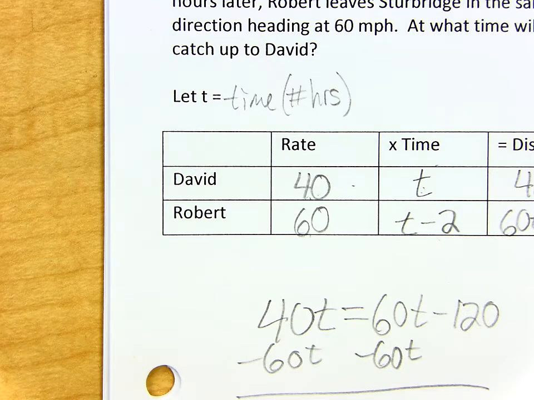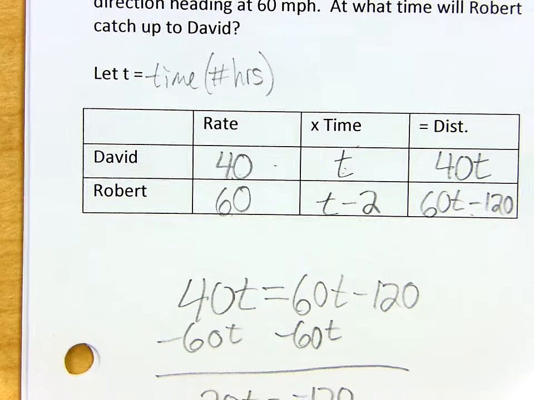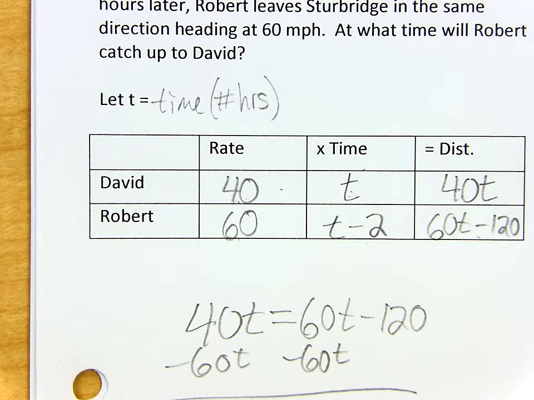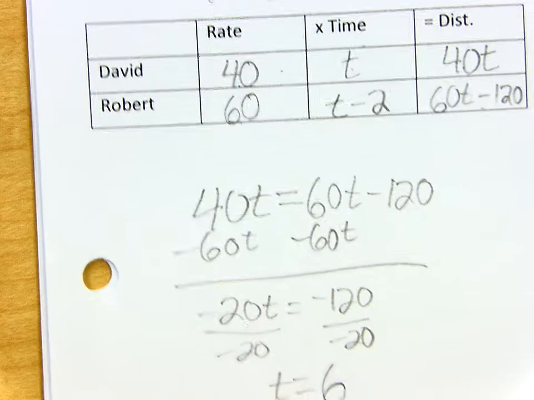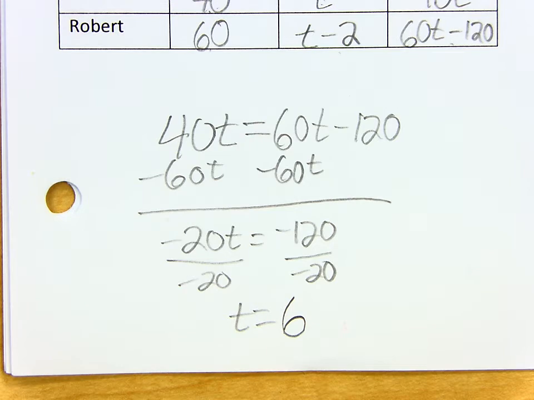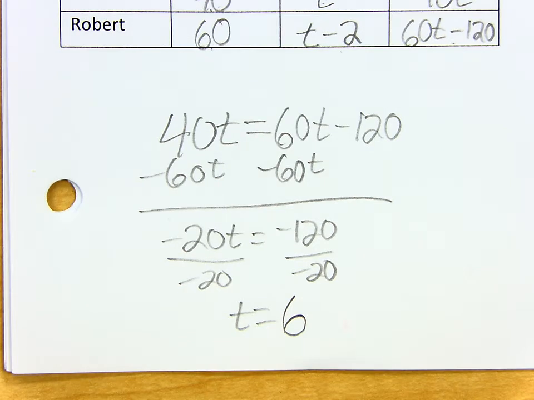At what time will Robert catch up to David? Oh. This is now asking you for time of day. So here's what we know. T is 6. How long has David been traveling for? How many hours? How many hours has David been traveling for? 6.